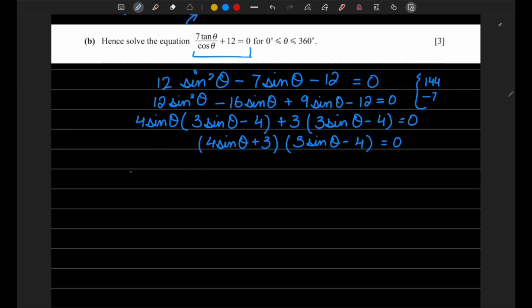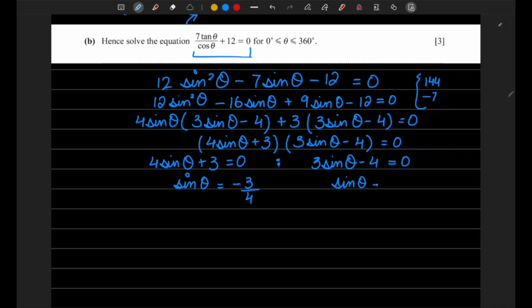From here you get either 4 sine theta plus 3 equals 0, or 3 sine theta minus 4 equals 0. So sine theta will be equal to minus 3 over 4, and sine theta equals 4 over 3.